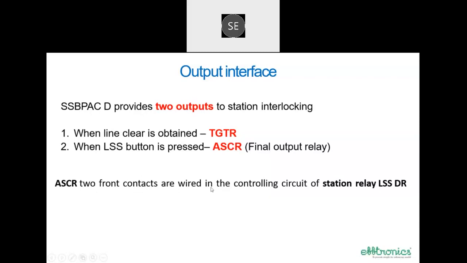Its two front contacts are wired in the controlling circuit of station LSS DR to let up DECR. So a total of two outputs are given to station signaling, TGT and ASCR, and ASCR's two front contacts are wired in the LSS DR circuit of station signaling.